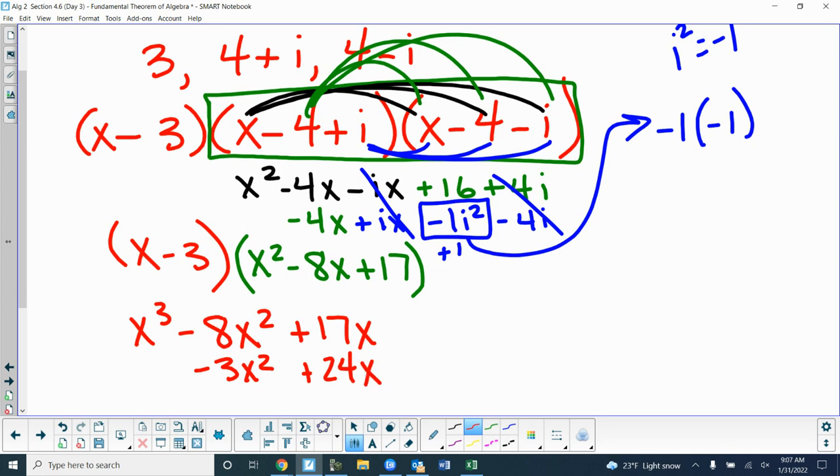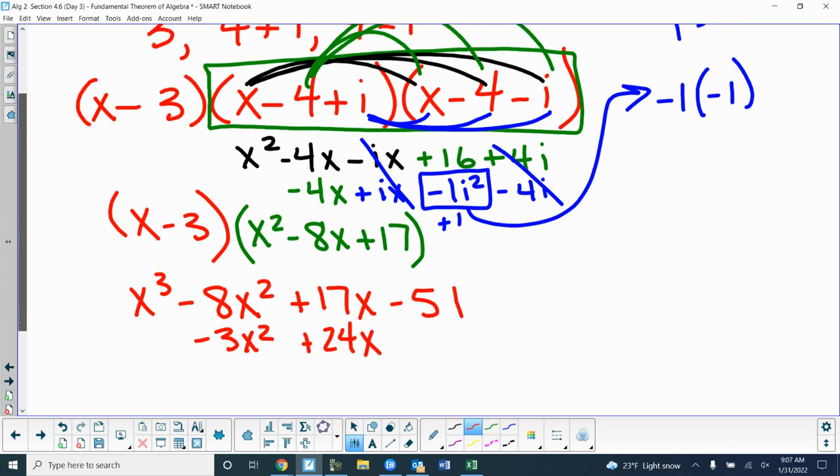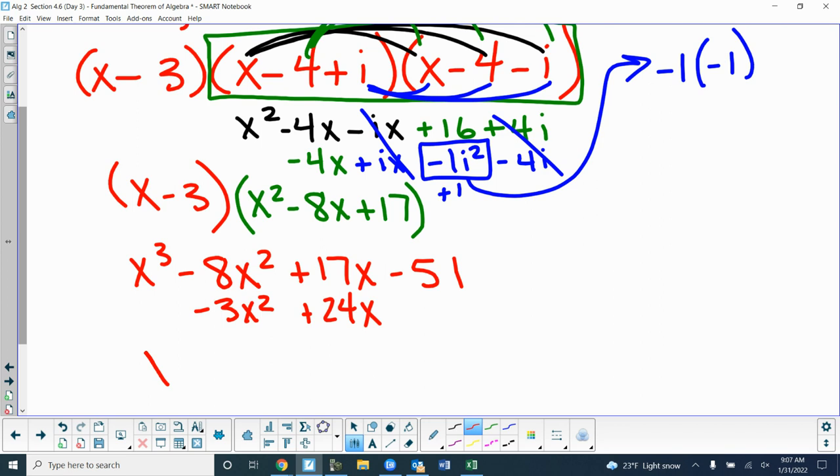And negative 3 times positive 17 is a negative 51. And then I just combine like terms. So my polynomial with those 3 zeros that you were given is x cubed minus 11x squared plus, what's that, 41x? And minus 51.